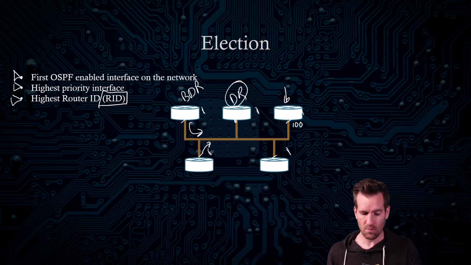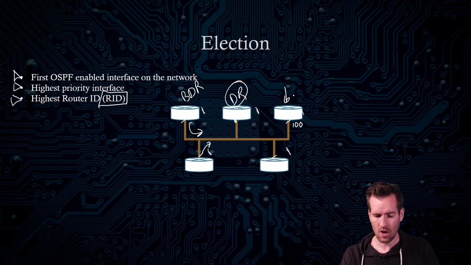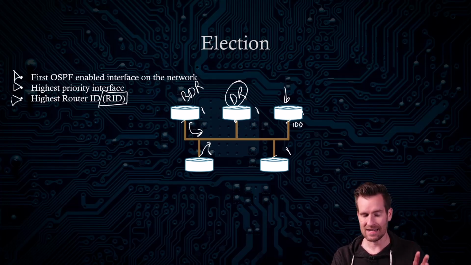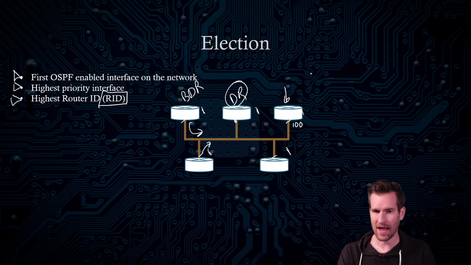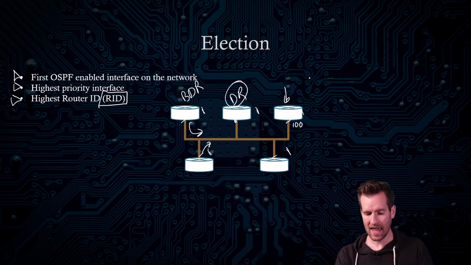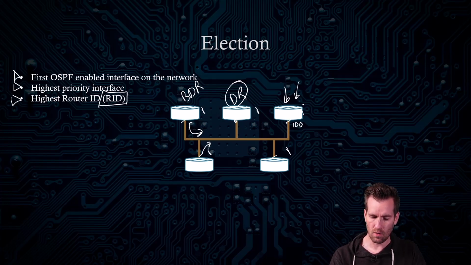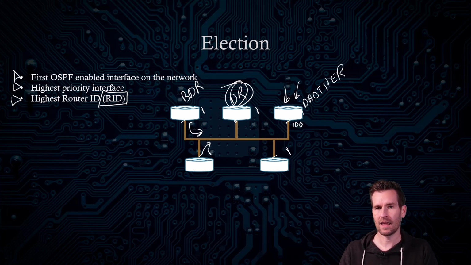Well, it should be the designated router, right? Well, no, it's not going to actively change who is the DR and who's the backup designated router. So when this device comes online, it's not going to try to fight for the DR and become the designated router.